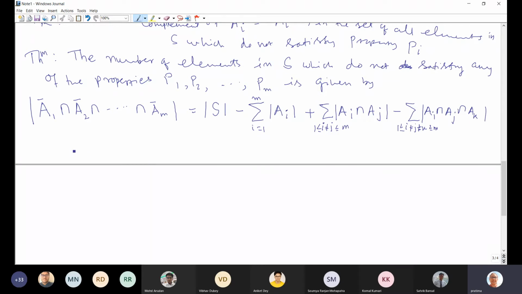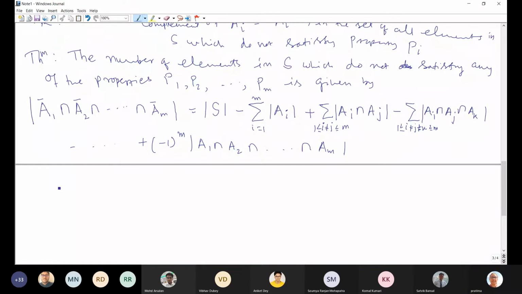So it goes like this, up to plus or minus 1 to the power m, times the cardinality of the intersection of A1, A2, up to Am. This is the principle of inclusion and exclusion.